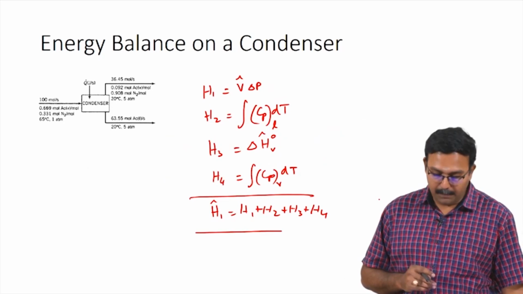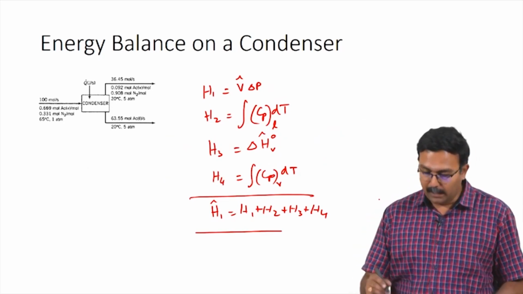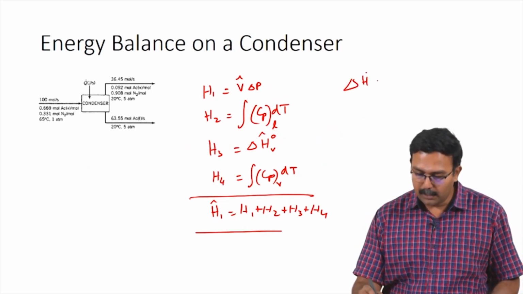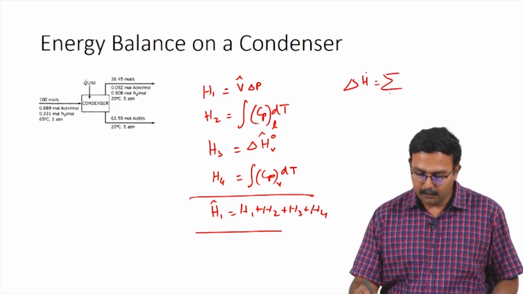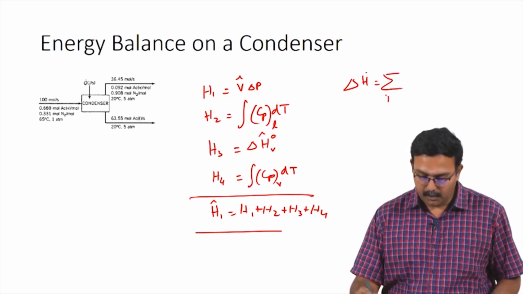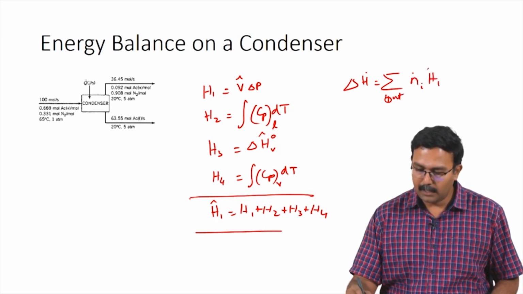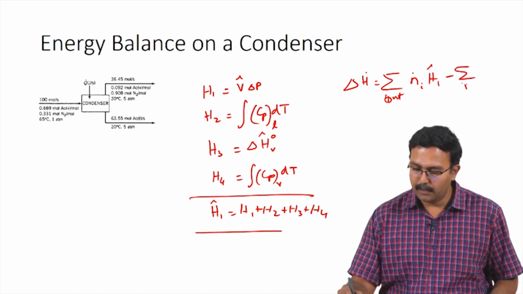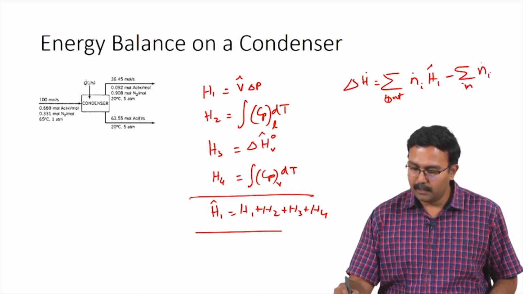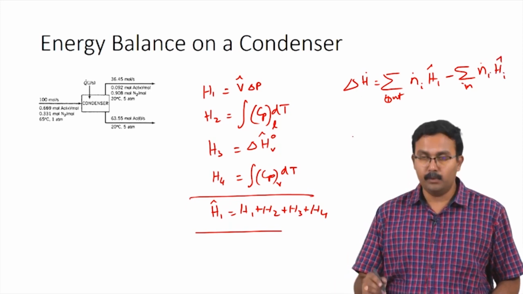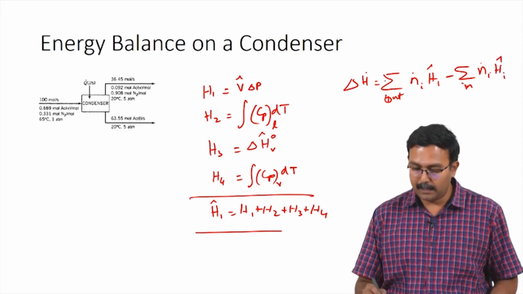So, now that you have completed the table, you would calculate delta H dot as sigma of outlet Ni dot Hi cap minus sigma of inlet Ni dot Hi cap. This will give you your change in enthalpy.